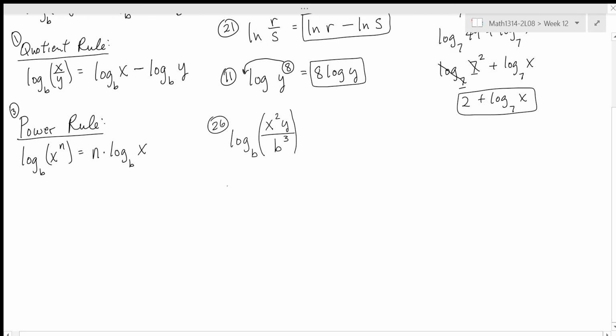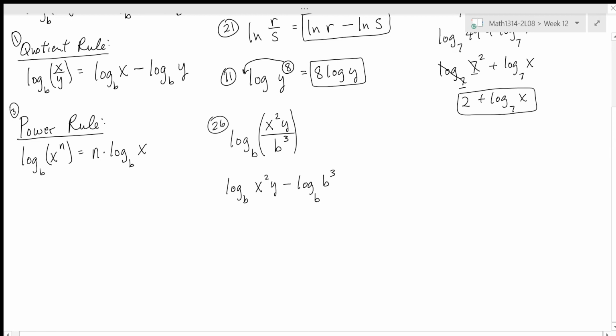Okay, so the first step, a fraction turns into subtraction. And it's going to be log of the top minus log of the bottom.